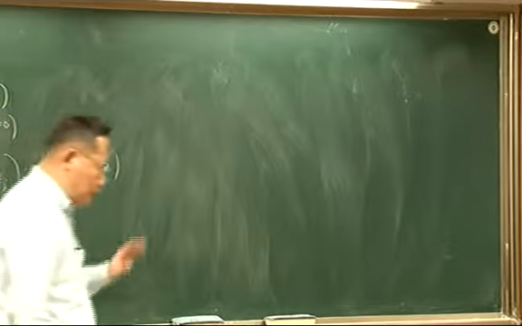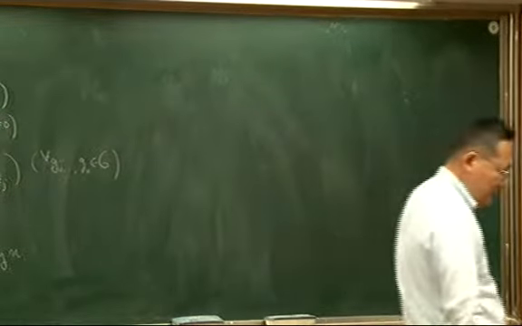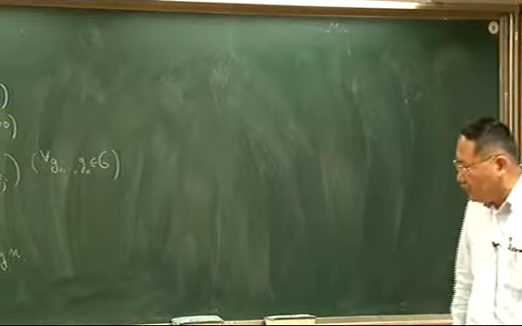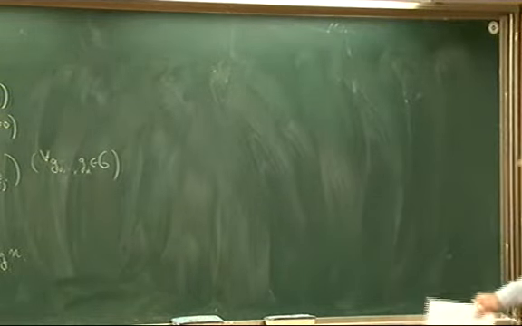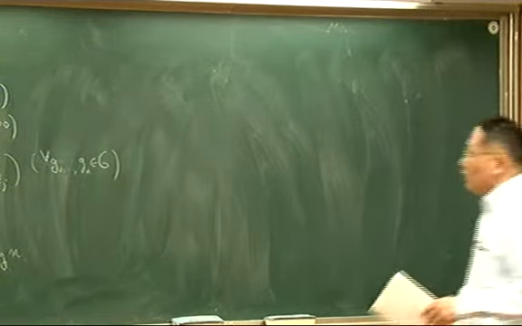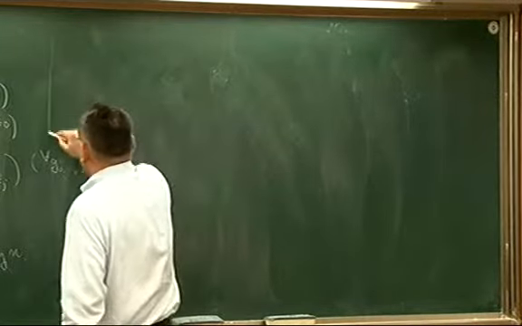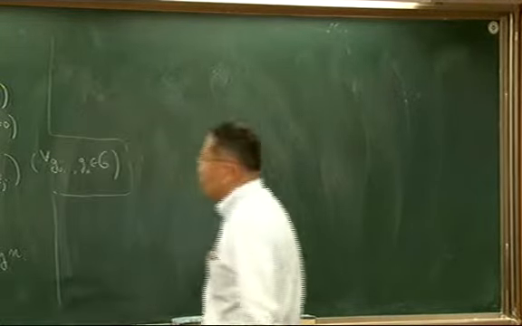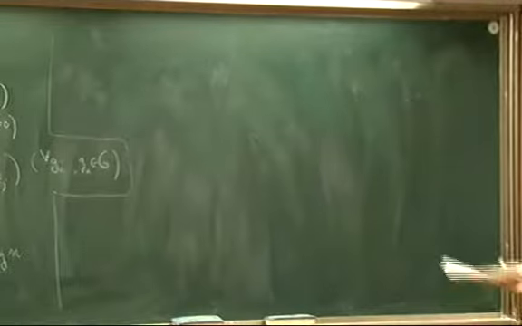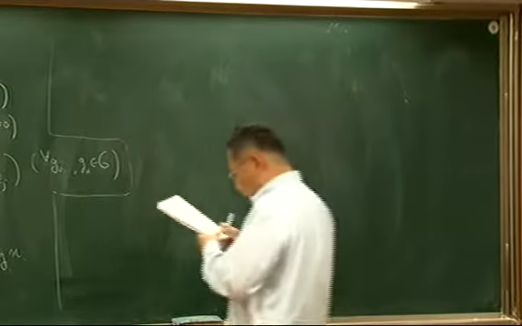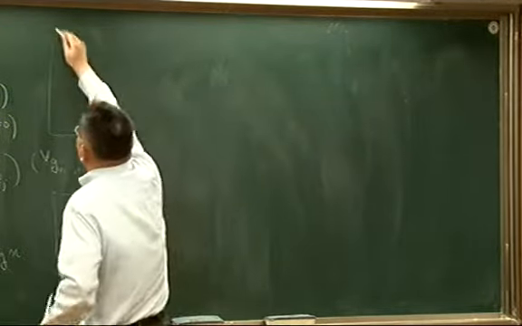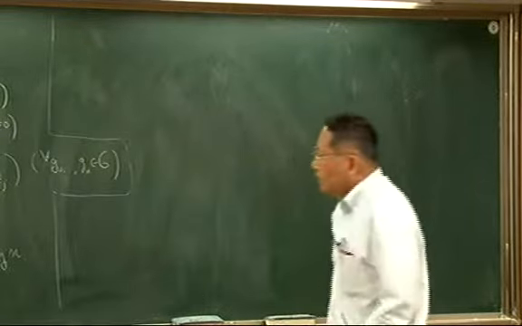But here G is a discrete group, so we don't take topology into account. Everything is discrete. Okay, this is a pseudo representation.